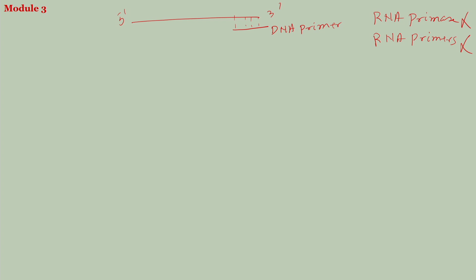So, use a DNA primer, and now for the extension, of course, you need a polymerase. The reaction that I have shown, I am not writing the whole thing again here: the triphosphate, OPPP, and this 3 prime hydroxyl which is here.